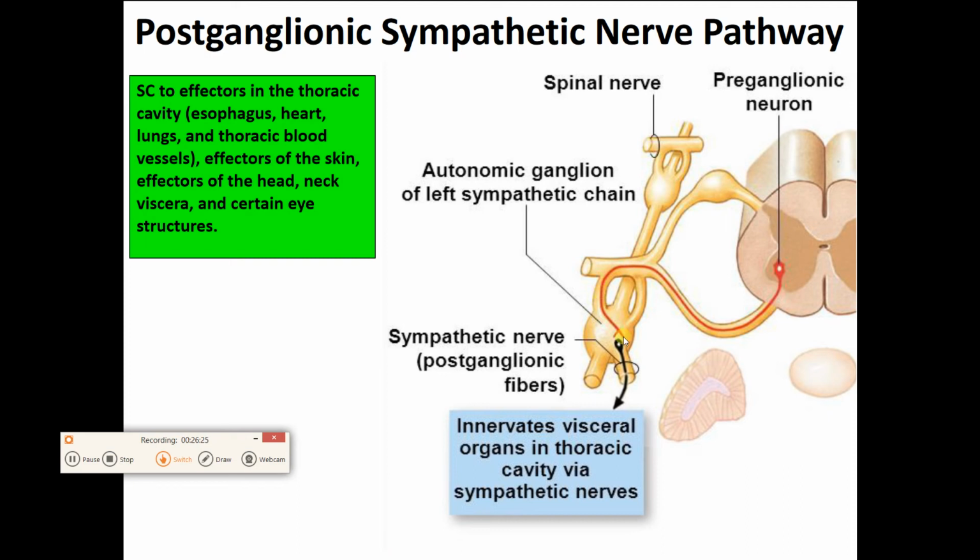And we stop in that ganglion. We synapse with our postganglionic nerve. But here's the difference. We don't go into a ramus communicans here and back to the ventral ramus. Now we take a nerve out of that ganglion, a sympathetic nerve, like there are cardiac sympathetic nerves, for example, that'll go to the heart. So we take a nerve out of that ganglion and we go onward to our target tissue.